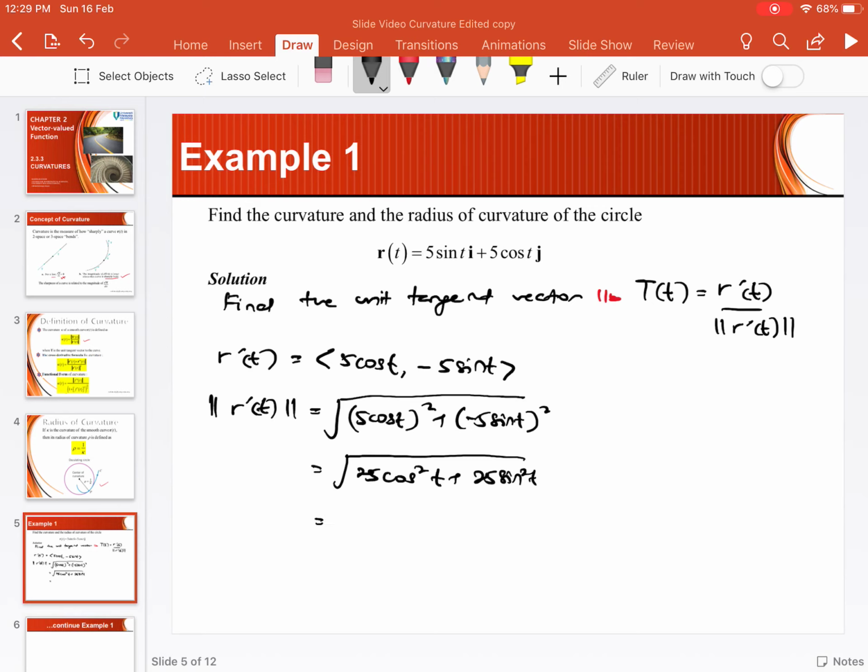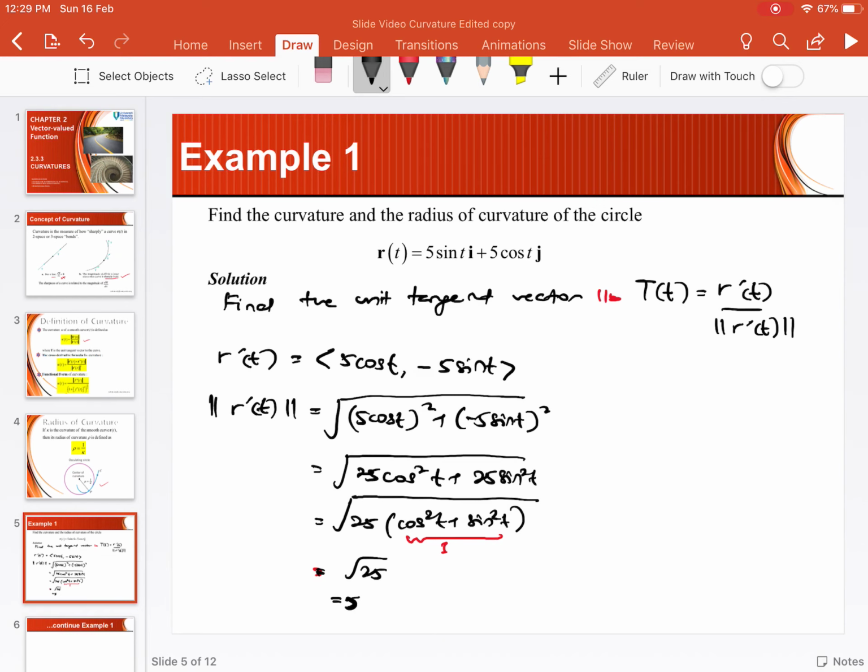As we know, we can factorize the trigonometric expression. So we have cos squared t plus sin squared t, and we know that this is equivalent to 1. So we have the square root of 25 equals 5.